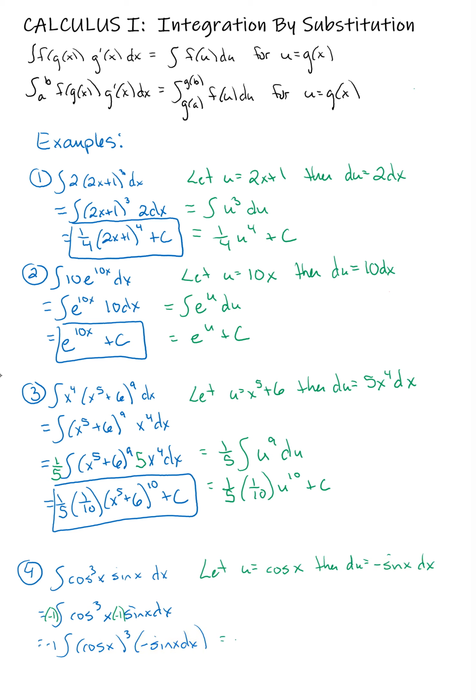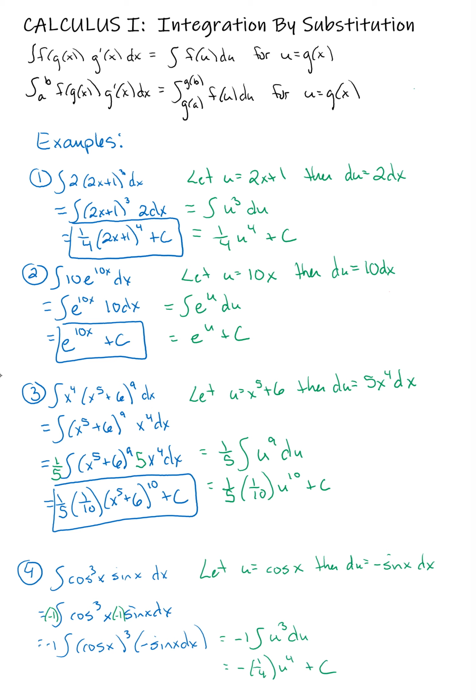So we still have that negative 1 in the front, but what we're integrating is u to the third du. Well, to integrate u to the third du, that is 1/4 u to the fourth. Make sure that's a 1/4 in there.